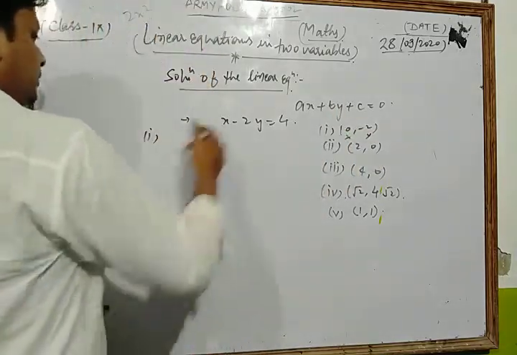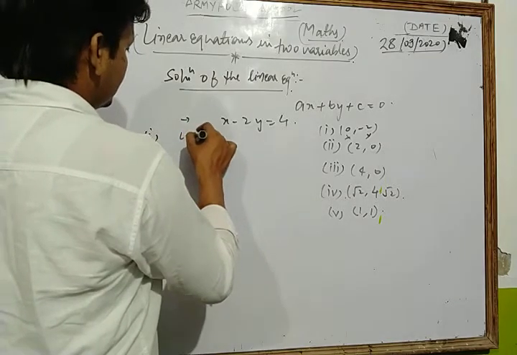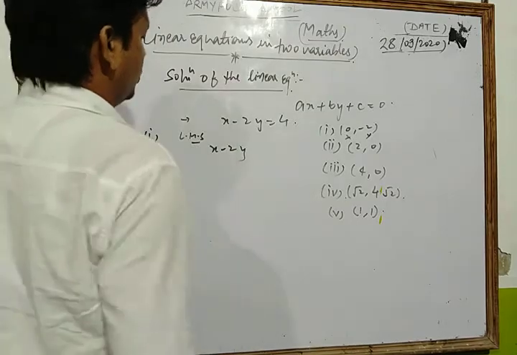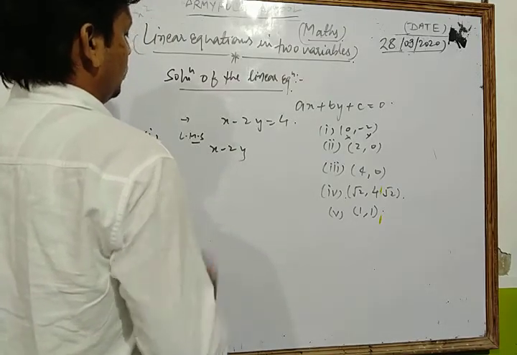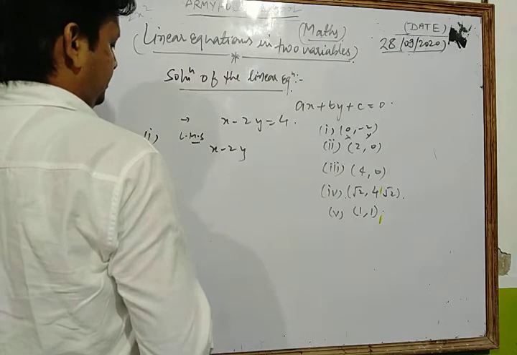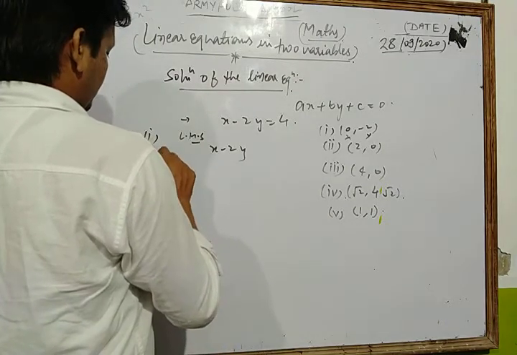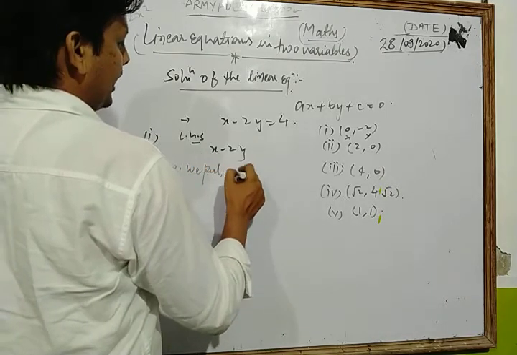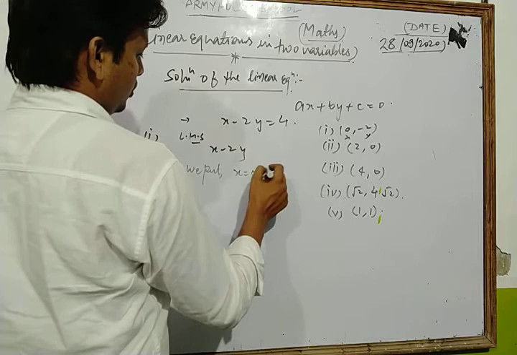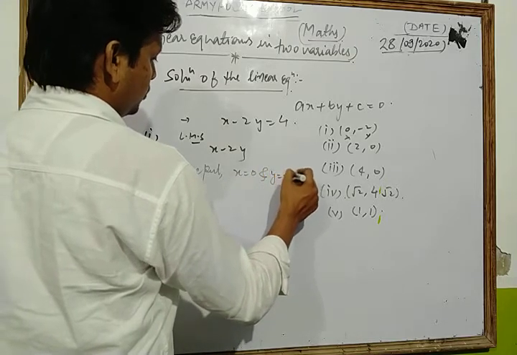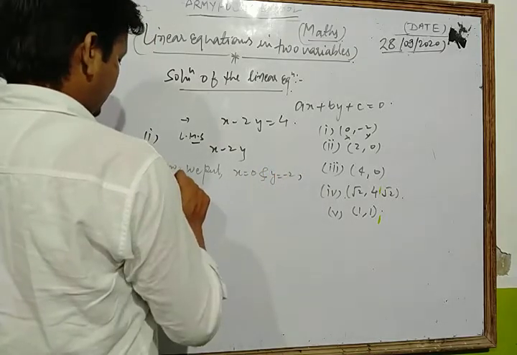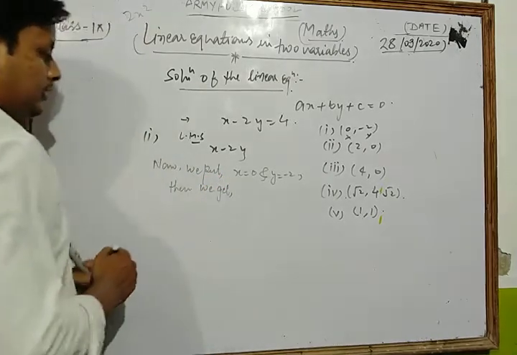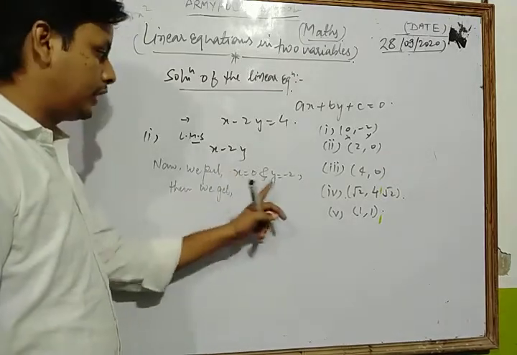Look, first we take the LHS. LHS is x minus 2y. Now we put x is equal to 0 and y is equal to minus 2.